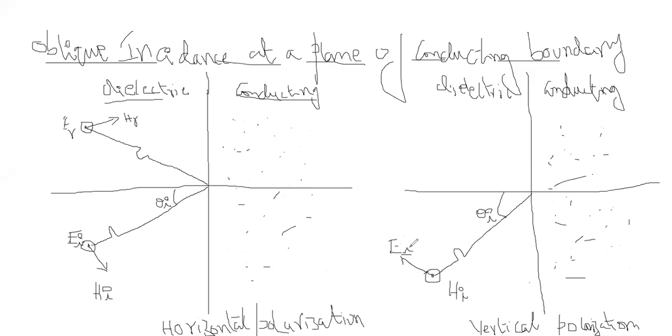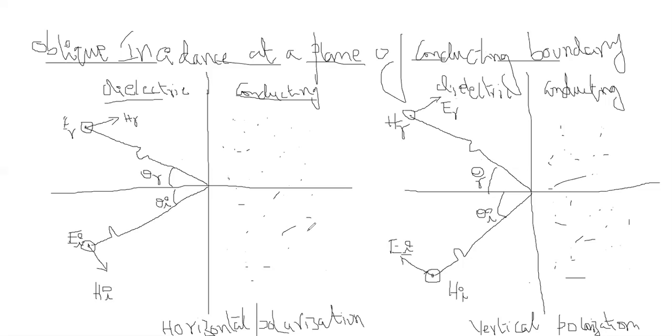The magnetic field is aligned parallel to the top of the boundary surface. Because it is a conducting medium, there is no transmission. Fully it is reflected, and we have ER and HR, with theta R. Here also theta R is there.